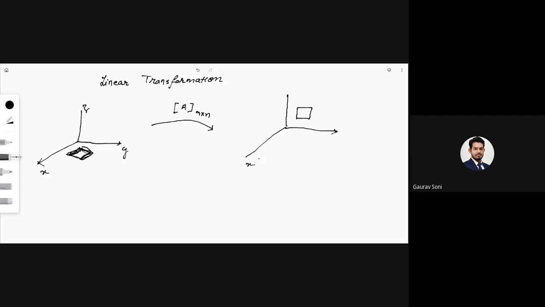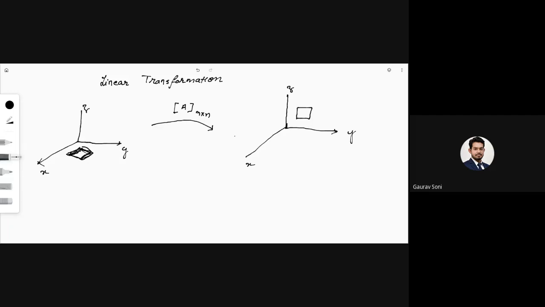There's x, y, and z axis. So what I said, you take any vector over here in this three-dimensional space. What I will do is I will multiply this matrix A to it, and we will get another vector that I will plot in this new three-dimensional space.